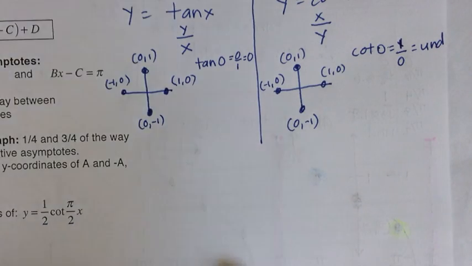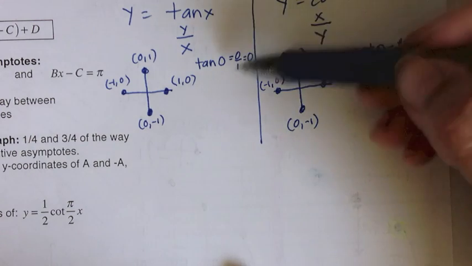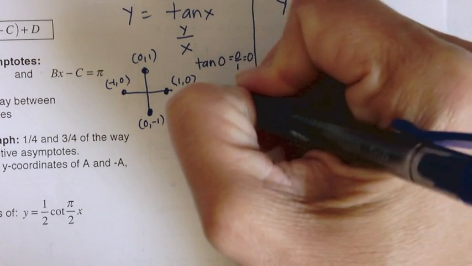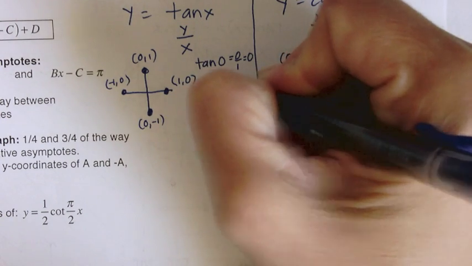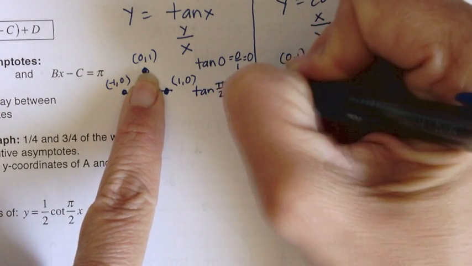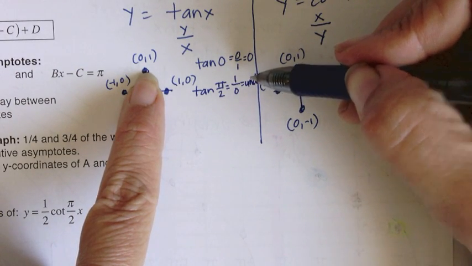Where do asymptotes go? Asymptotes go where you're undefined. So at an angle of 0, cotangent is undefined, but at an angle of 0, tangent is not. It's 0. So let's go to pi over 2 and see what happens. At pi over 2, y over x is 1 over 0, which is undefined. Hey, we have an asymptote at pi over 2 for tangent.